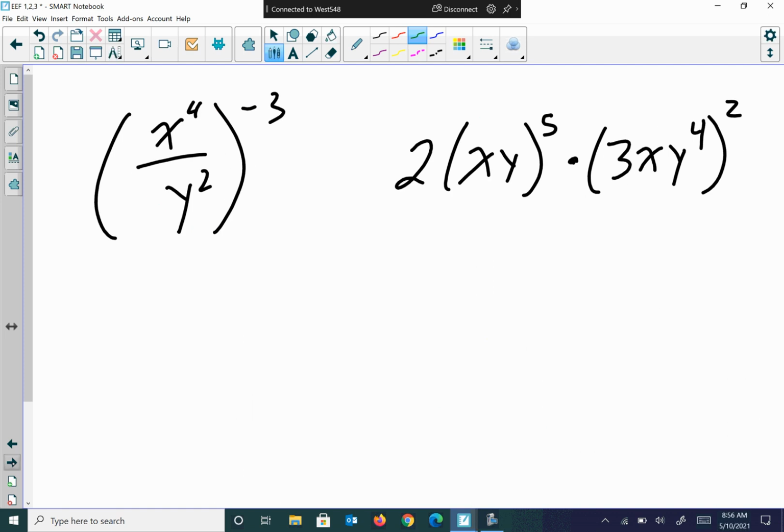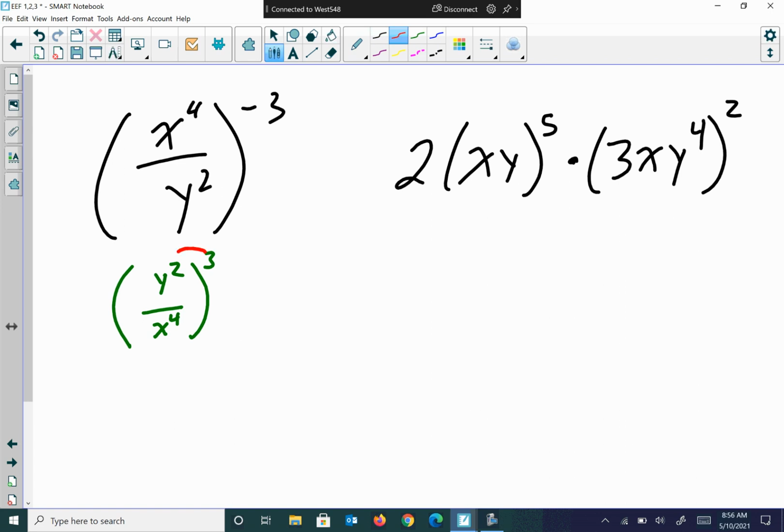All right. Oh, no. We have a negative exponent. So we can do one of two things first. Notice it is no longer a negative exponent. To the fourth. I'll make it more clear. Okay.